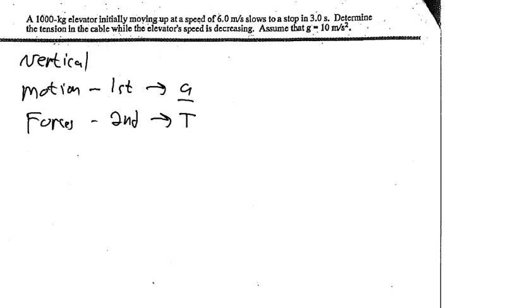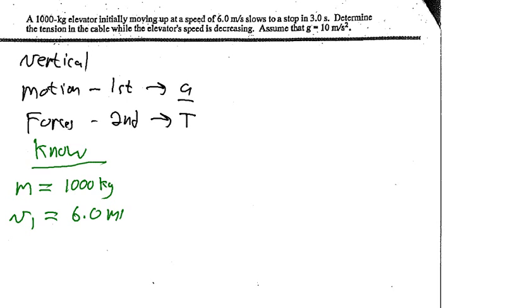type. So let's go ahead and make a list of what we know from the problem information. So the mass of the elevator is given to be 1,000 kilograms. The initial speed of the elevator is upwards. Let's call that point number 1. So that's going to be 6.0 meters per second.